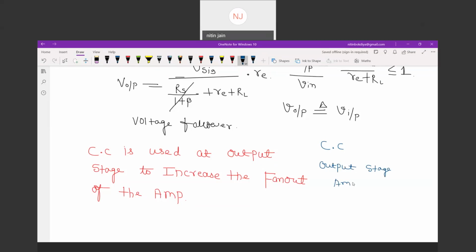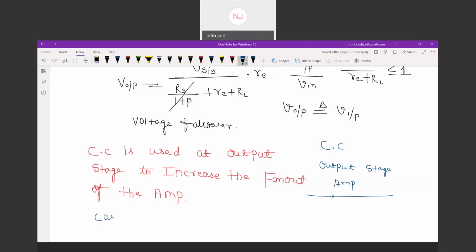So this is the idea for the circuit. From tomorrow we will start with the discussion of high frequency models for the transistor. How transistor behaves at high frequency. So tomorrow is the day for high frequency discussion and Darlington pair, cascade and cascode.